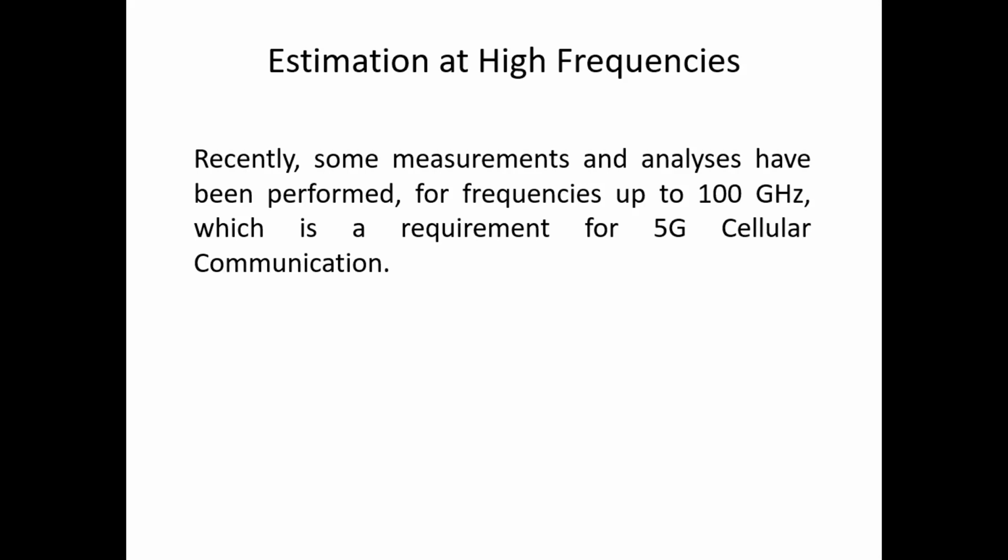These bands are mostly used in the research lab up until now, but in the near future there will also be commercial uses. There are a lot of activities in the research area above 100 gigahertz.